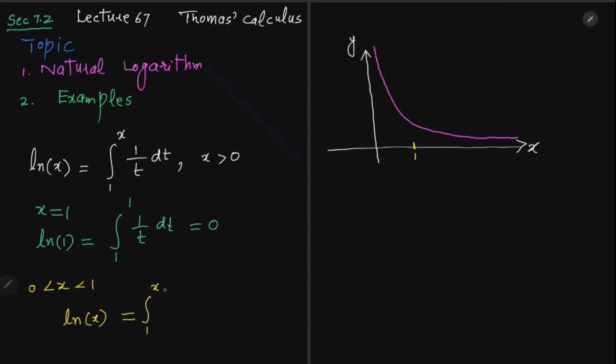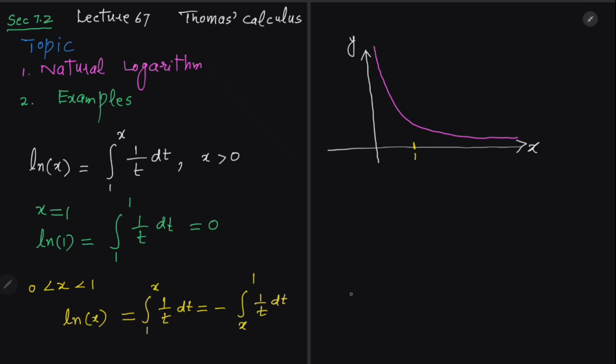That's how we defined it. And we can write minus the integral from x to 1 of 1 over t dt, since x lies between 0 and 1. So the natural log of x has a negative area.